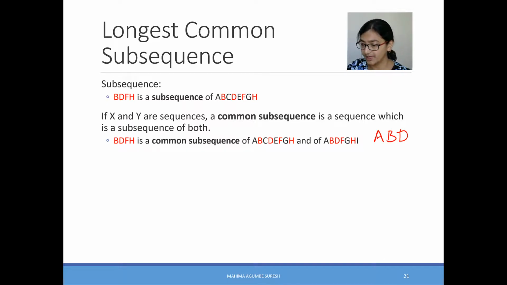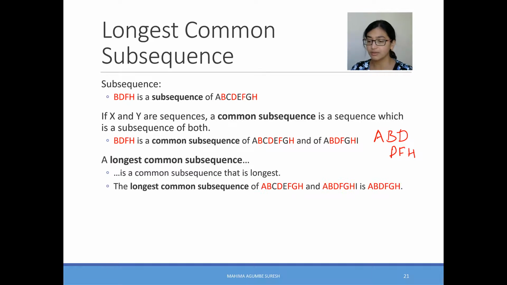We could also say that DFH is another subsequence, and so on and so forth. It doesn't have to be 3 characters, it doesn't have to be 1, 2, there's no limit on the number of characters that the common subsequence needs to have. But as such, the longest common subsequence is a common subsequence that is the longest.